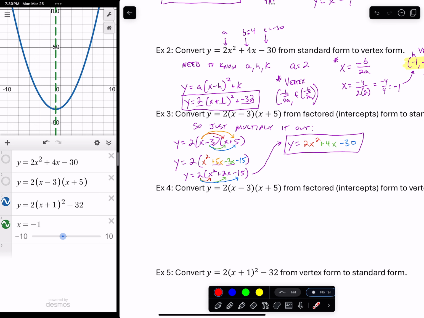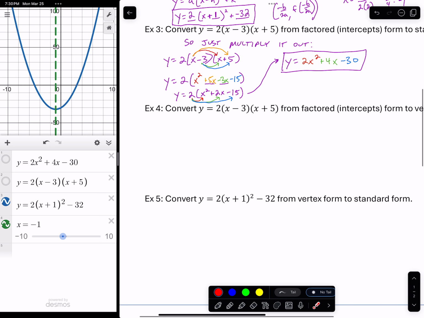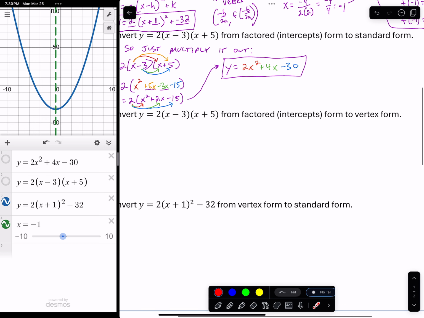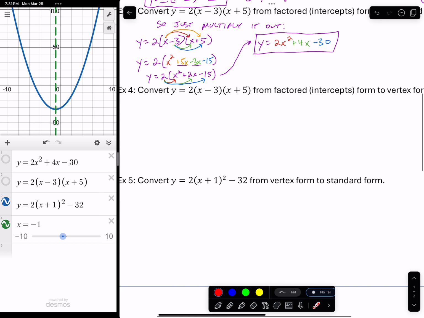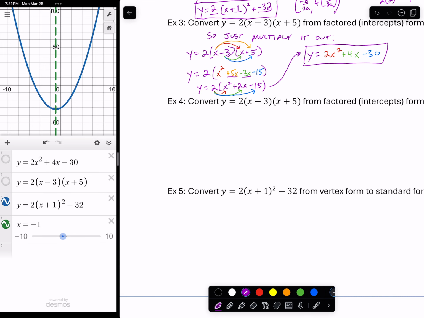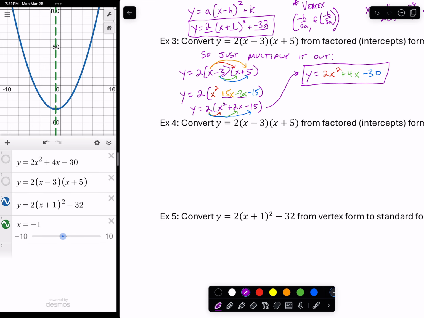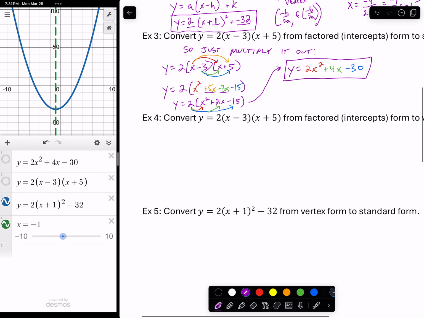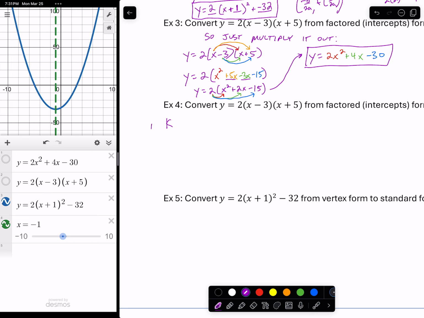Not too bad. All right, let's look at this one: convert from factored form to vertex form. I'll do this one next. To convert from factored form to vertex form, let's look at what we know. Step 1 is to consider what we know.